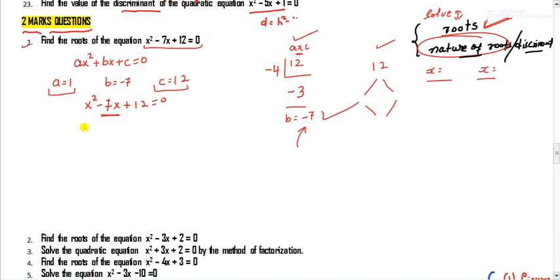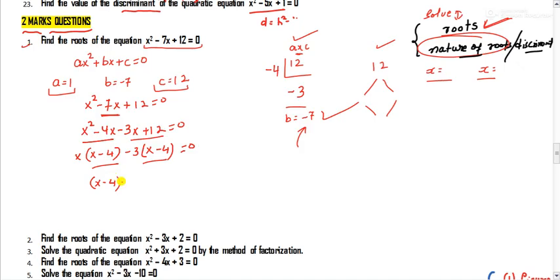So we will be writing here x square minus 4x minus 3x plus 12 equals 0. Now group these two. Here x is common, you will get x minus 4. Again here 3 is common, you will get x minus 4 equals 0. Now x minus 4 is common in the whole equation, so I will take it out.